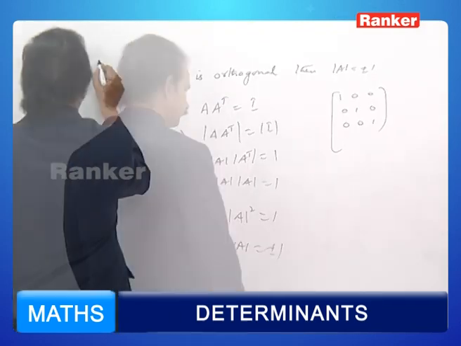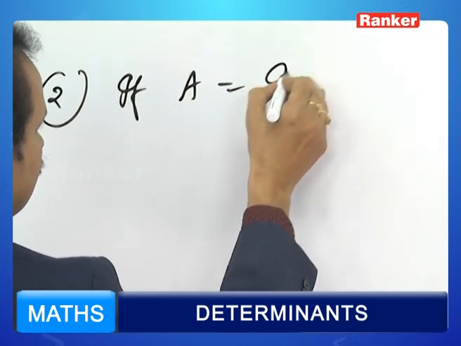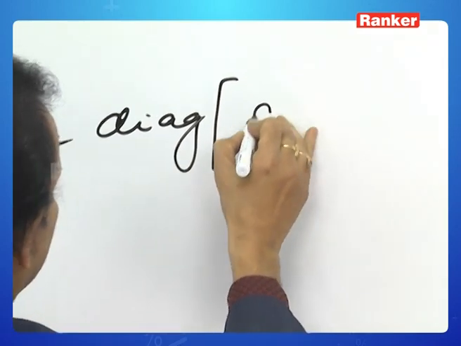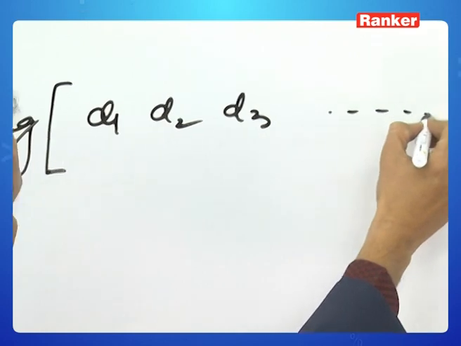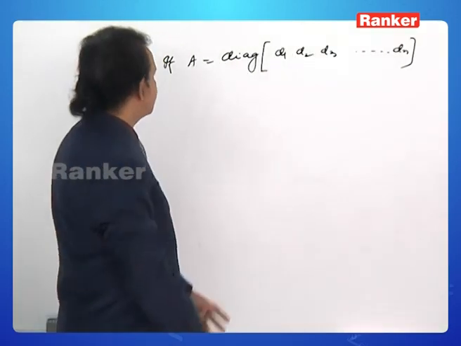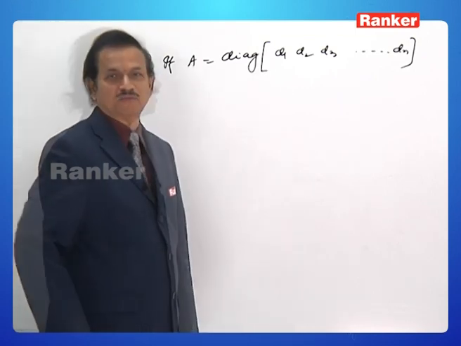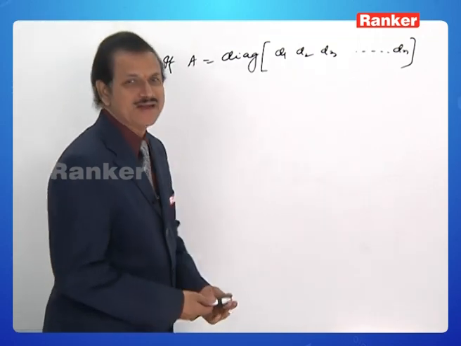Yes, next one. Second one, if A is equal to diagonal D1, D2, D3, up to Dn. I think you could have understood this. What does this representation stand for? This representation is for a diagonal matrix, isn't it?